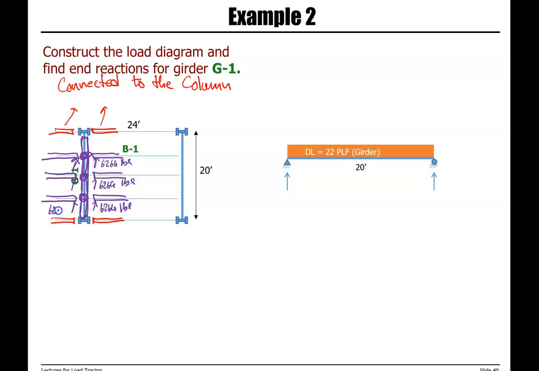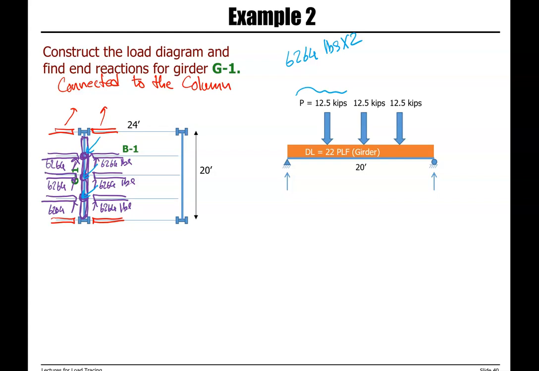And the same thing on the other side. So the total load transferred from both of these beams to the girder: each one of these point loads is 6,264 pounds times 2. Again, because there is a beam on the left side and another one on the right side.